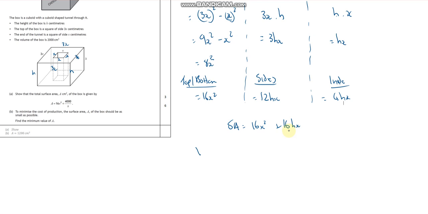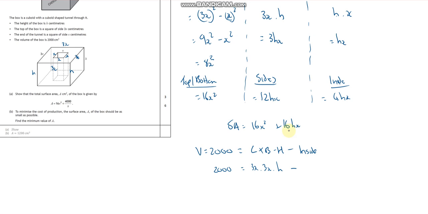So the volume is 2,000, and that is equal to the length times the breadth times the height. Take away the inside volume, isn't it? Take away that inside bit. So the length times the breadth times the height. We got the length is 3x times the breadth of 3x times the height h. That's the full block.